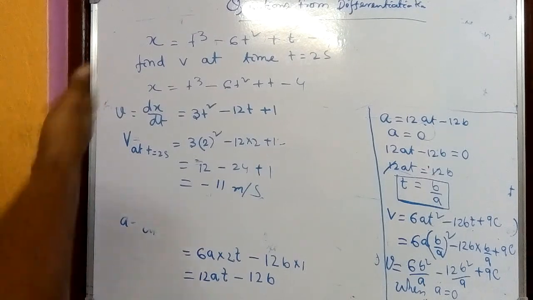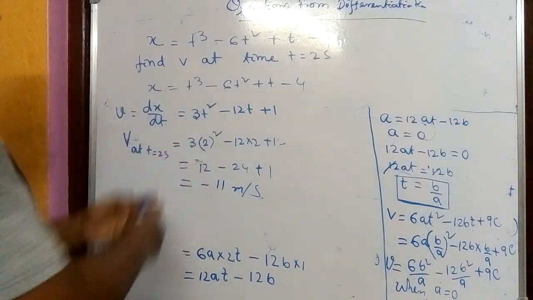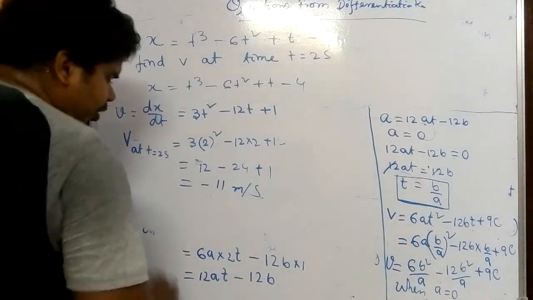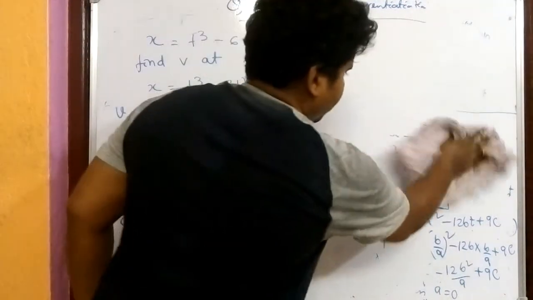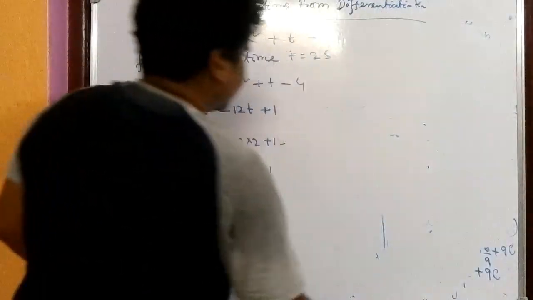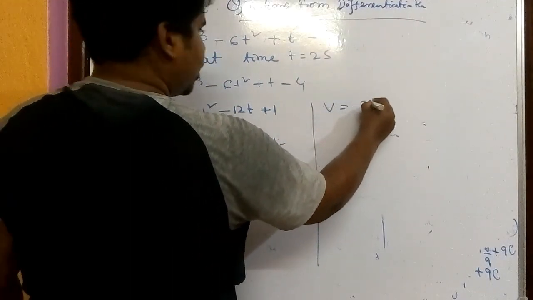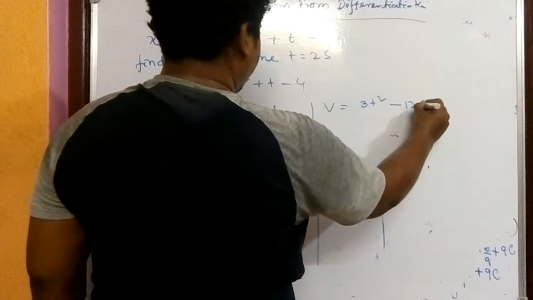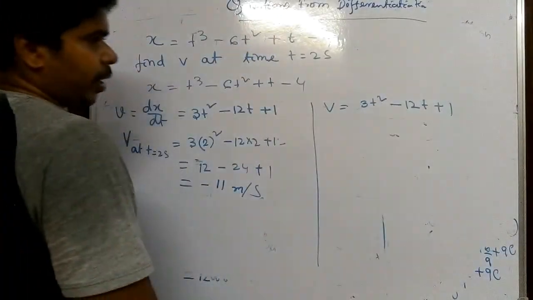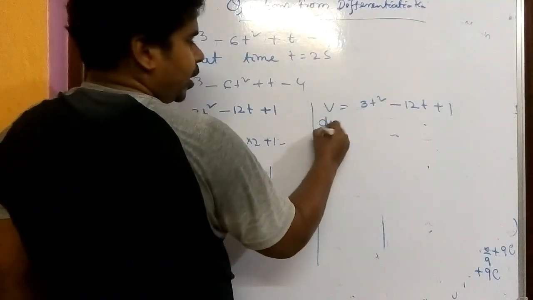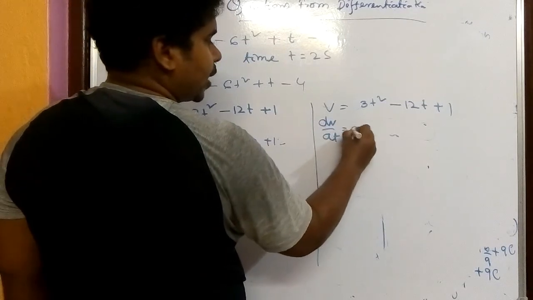If it is asked to find the acceleration, you will differentiate again. That means here v we have found, that is 3t square minus 12t plus 1. So dv by dt, that is equal to your acceleration.